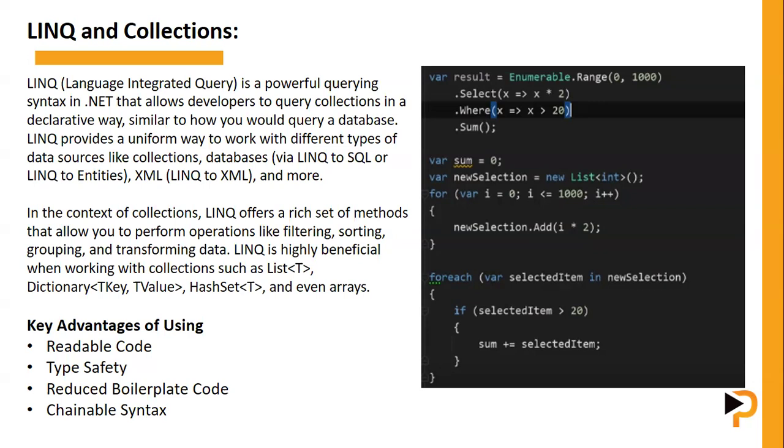For example, you are iterating through 1,000 lines of data. From that, you want to perform some operations on specific data. For that, you normally use looping structures like for and foreach, then you apply some conditions in it, then you perform some operations in it, right?